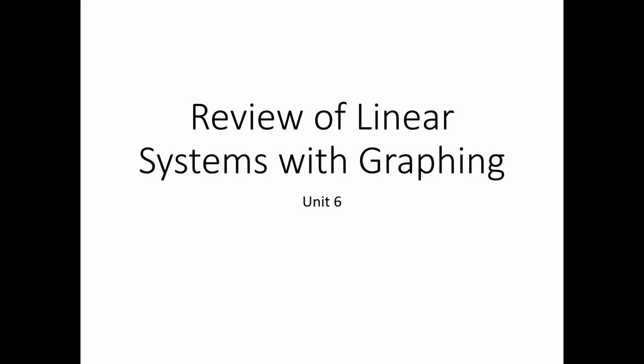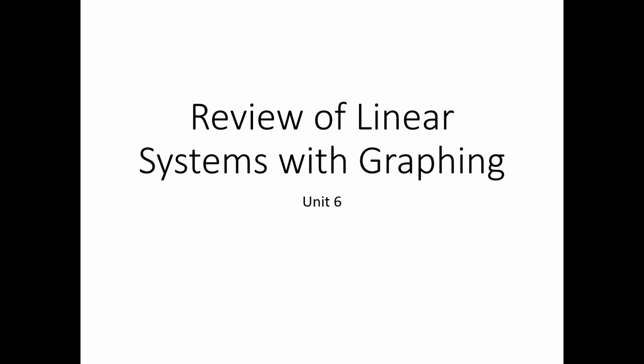Welcome to Unit 6, Review of Linear Systems with Graphene. And by review, very quick review. A lot of what we see in Unit 6 here, we saw in Unit 2. It's just dealing mostly with two equations, two unknowns.